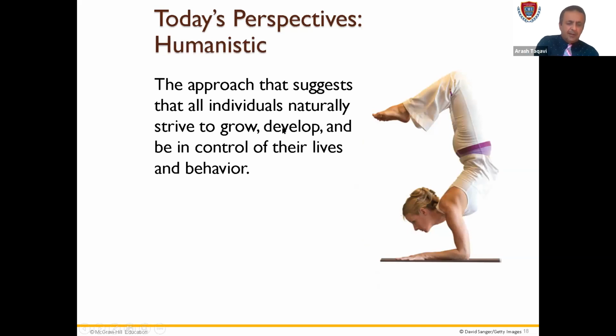But at the end of the 60s, we can find a humanistic approach to psychology, which started with Carl Rogers and Abraham Maslow. Abraham Maslow was the same gentleman who talked about the hierarchy of needs.